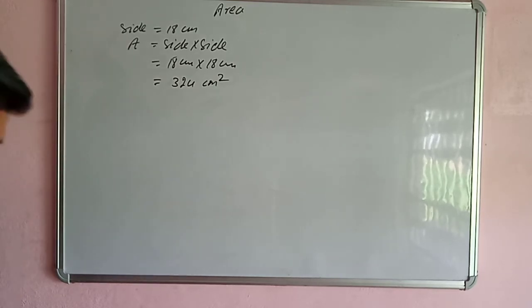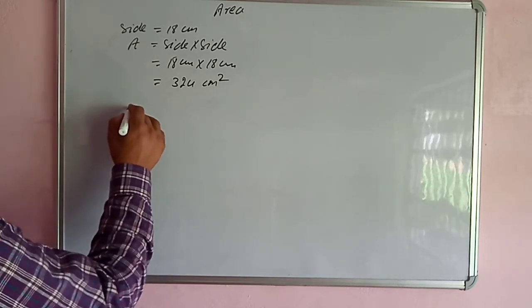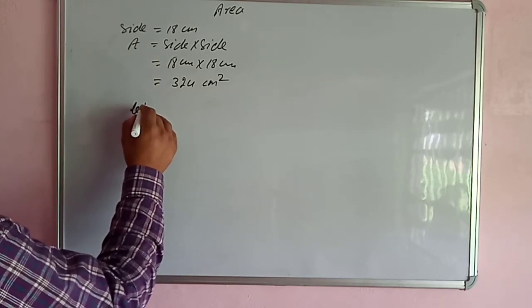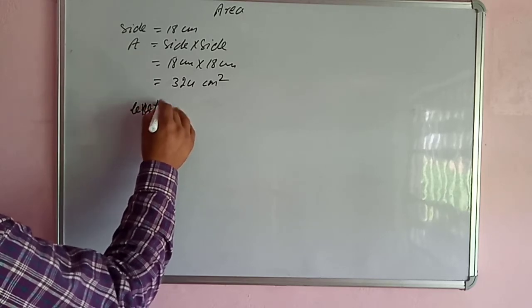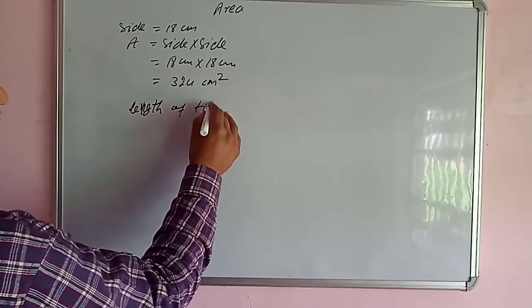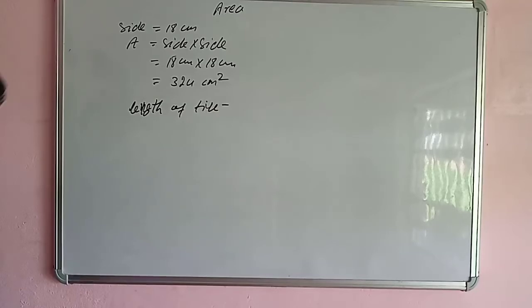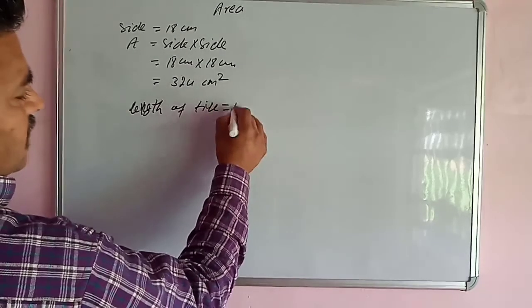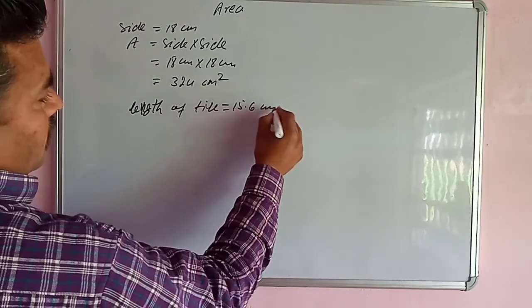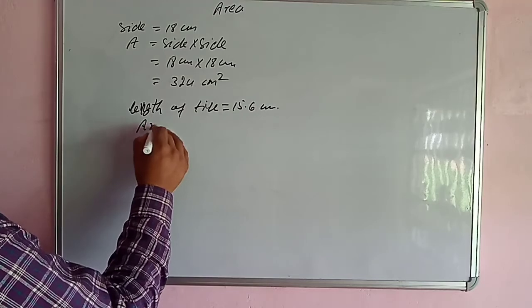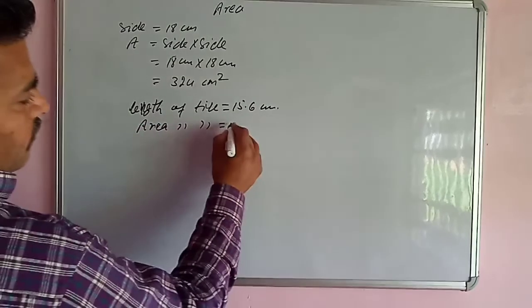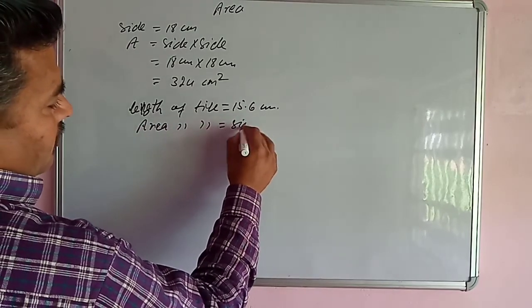Next we have a question: one side of a square tile is given as 15.6 centimeter. Find the area of the tile. The length of the tile is 15.6 centimeter. The area of the tile is equal to side multiply side.